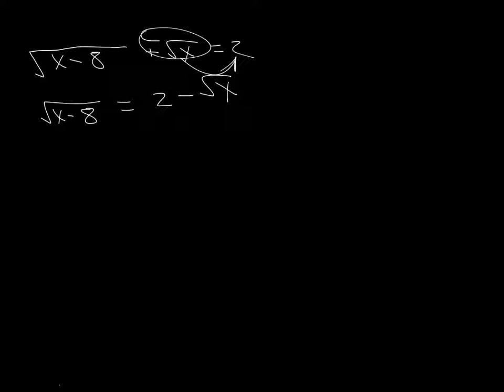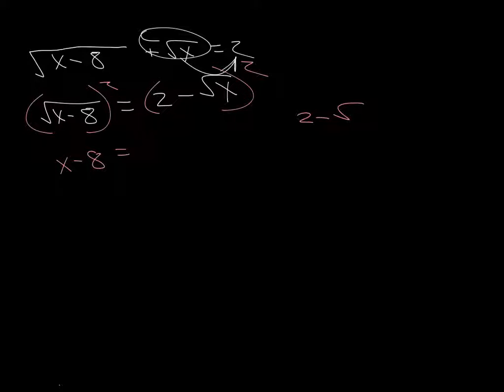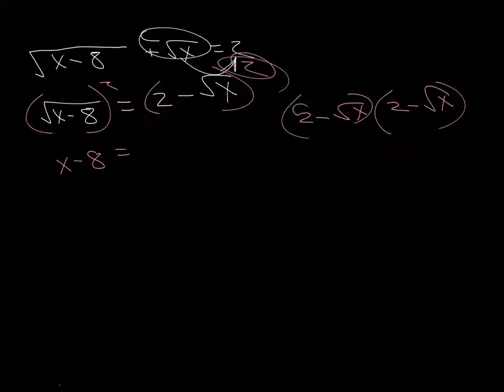Okay, then I square both sides, and this becomes x minus 8. That's the easy part. Then I have to take 2 minus square root of x times 2 minus square root of x. I need to use the FOIL method because I'm squaring it here. And that gives me, let's do this in yellow, 2 times 2, my first one's is 4. Then my outside, 2 and negative x.